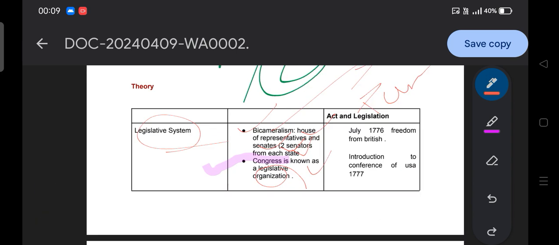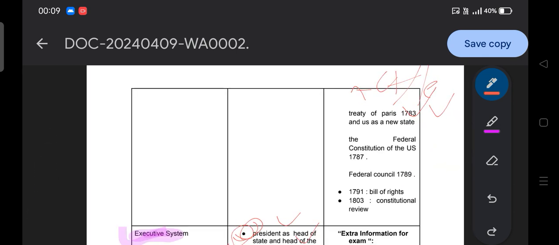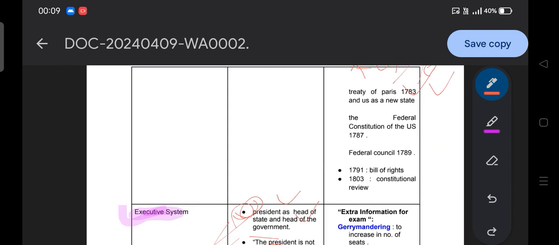From here you have to remember July 1776, freedom from the British. So USA got freedom from the British in July 1776. Then 1777, introduction of the Articles of Confederation of USA. Then the Federal Constitution of USA in 1787.